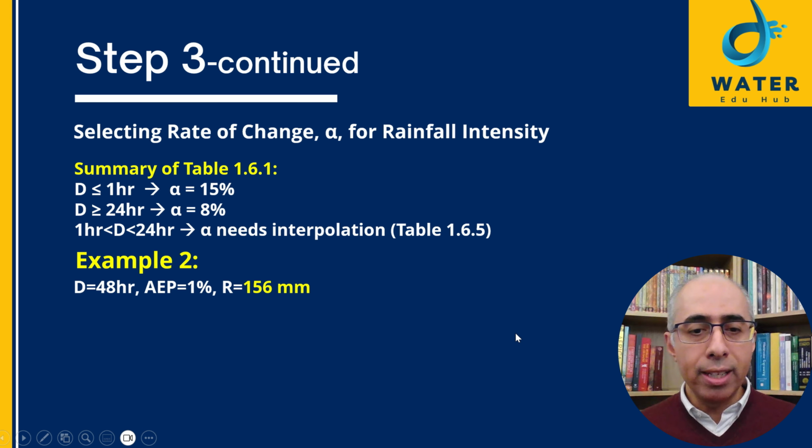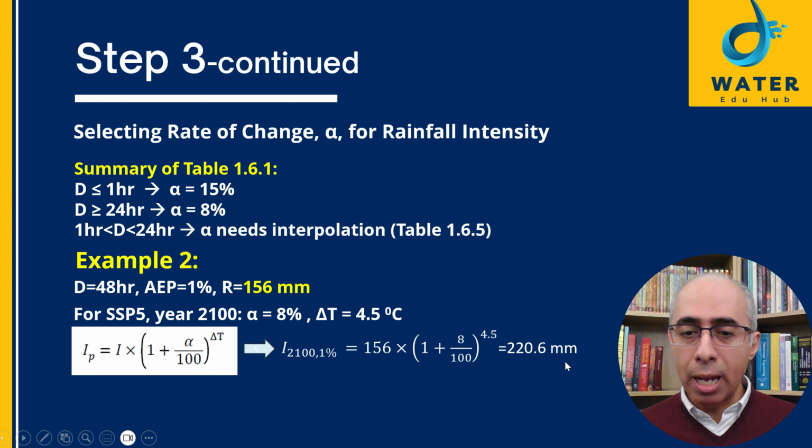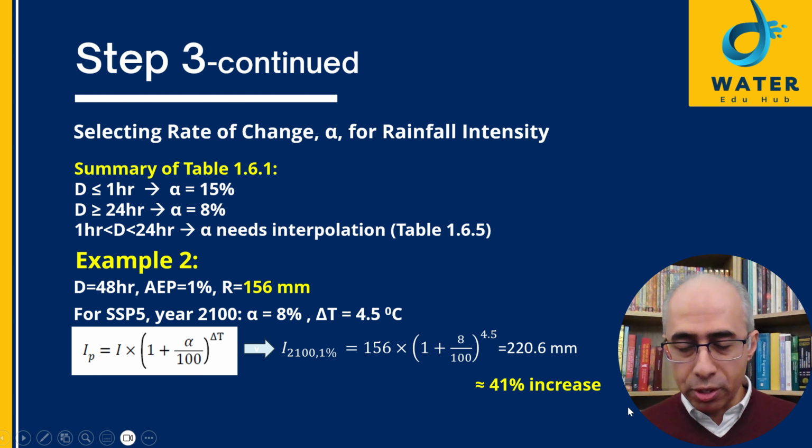I bring it back here, 156, same scenario of SSP5 and year of 2100. My alpha this round will be 8%. Same delta T, I apply it in the same equation. So this round 8 will be divided by 100. And this is my baseline value. And I get 220.6 mm. And this is a 41% increase.